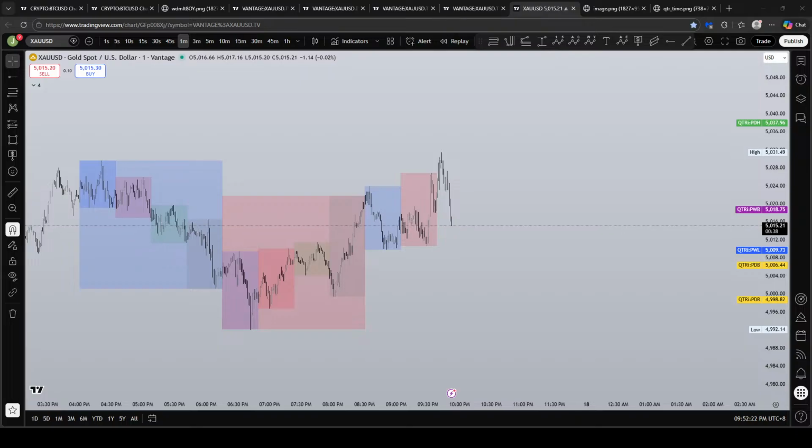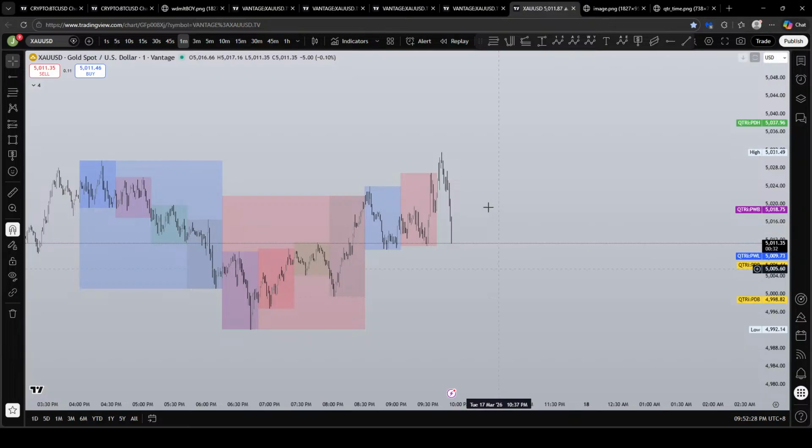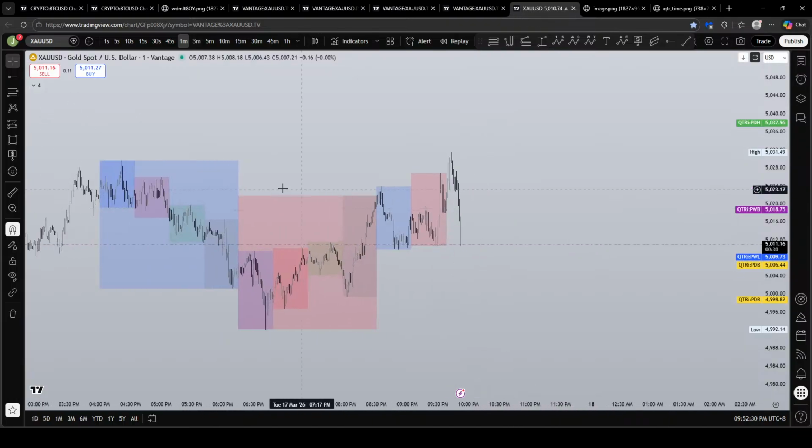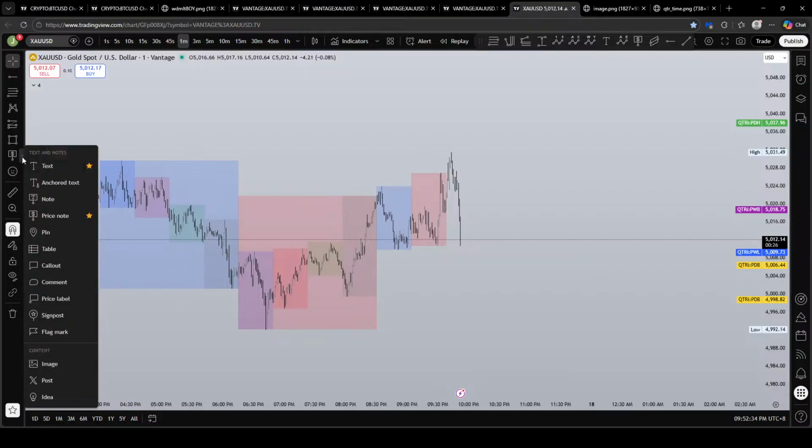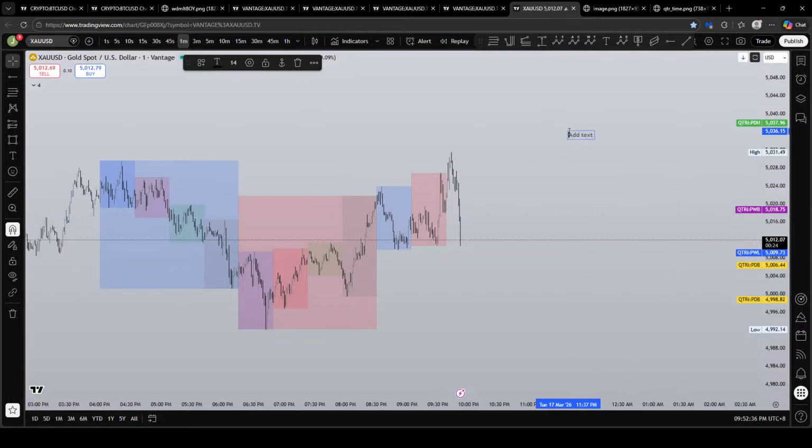The main reason is that manipulation can only happen during these sub-quarters 2 and 3, because there are 3 basic structures for quarterly theory.